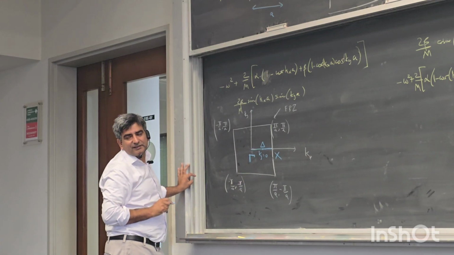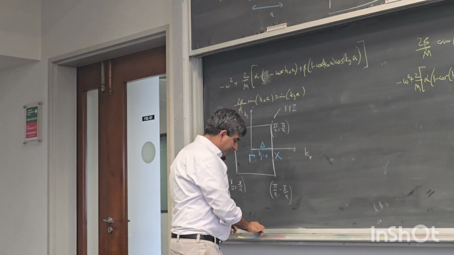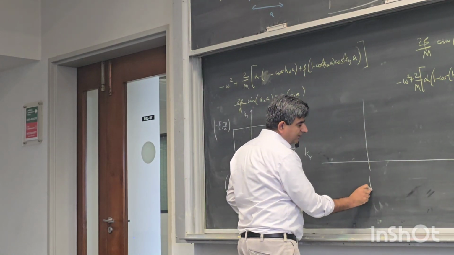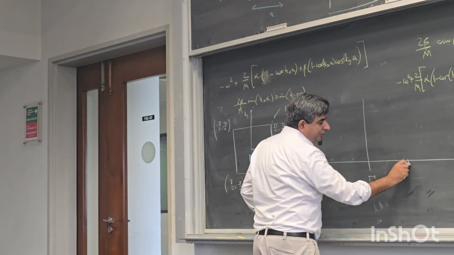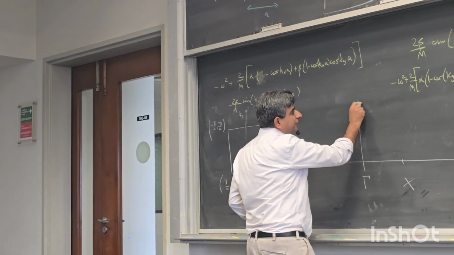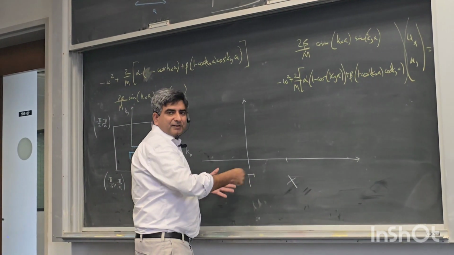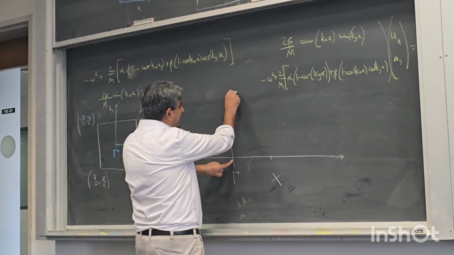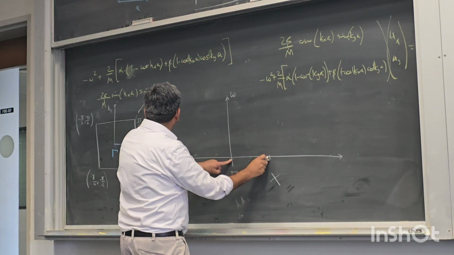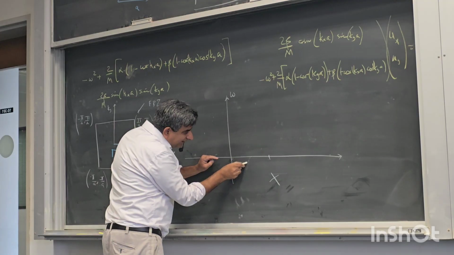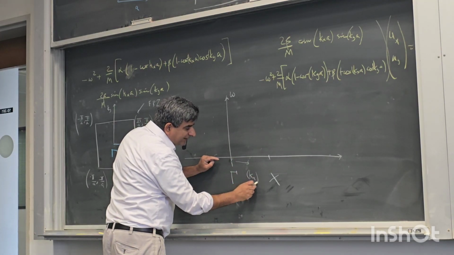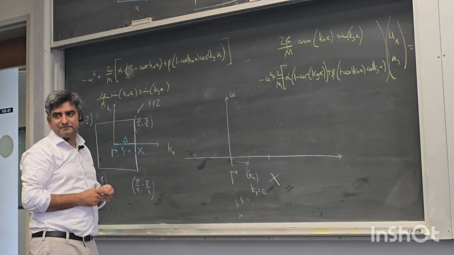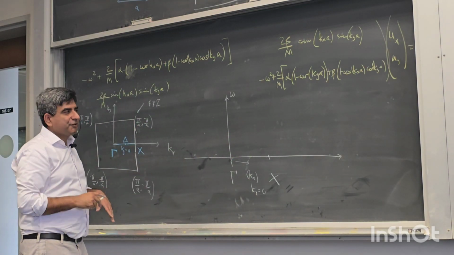So what you could do is make a plot as you go from gamma to X. This is your K variable, Kx or Ky. Along this line, what is varying is Kx; keep in mind that Kx is varying and Ky is 0. You can plot whatever dispersion relationship you get. Let's see what that plot looks like. I'll show you in a minute.